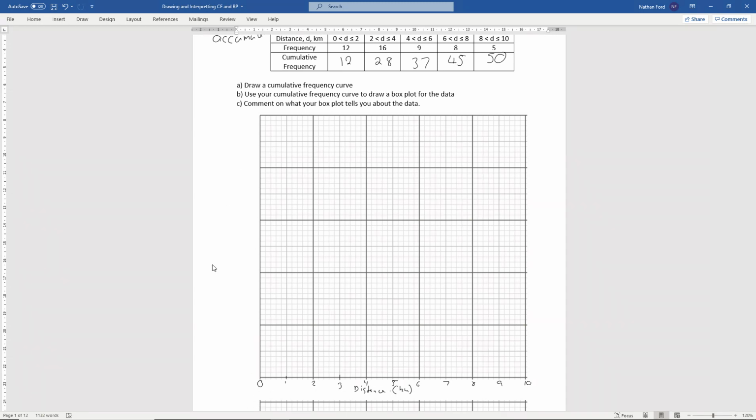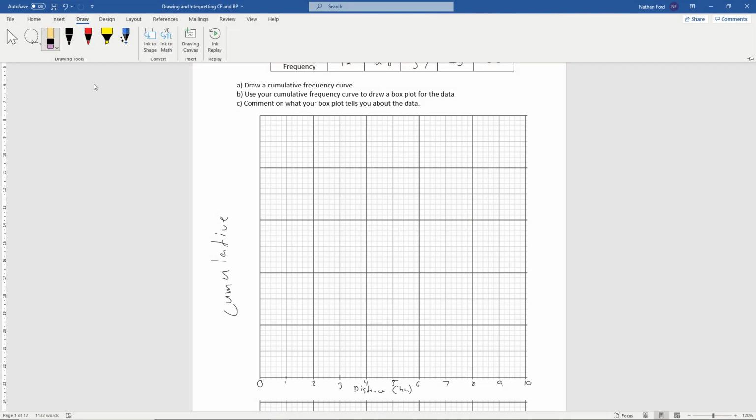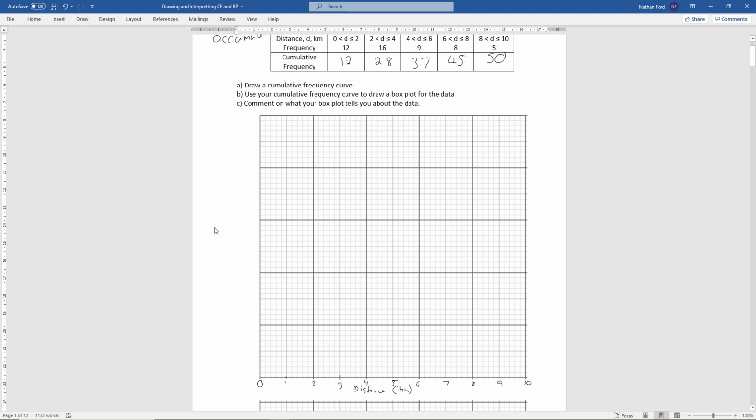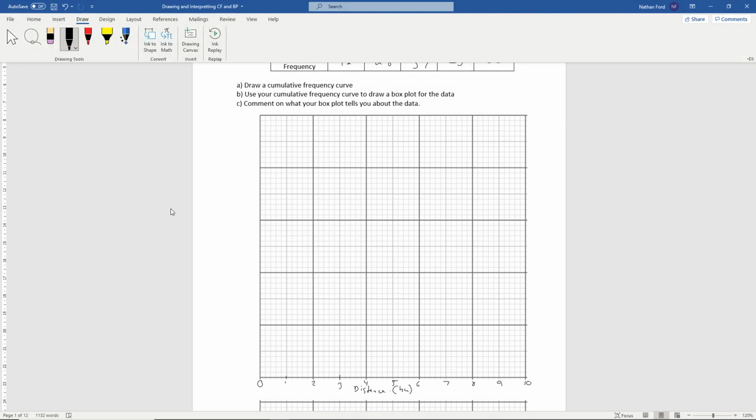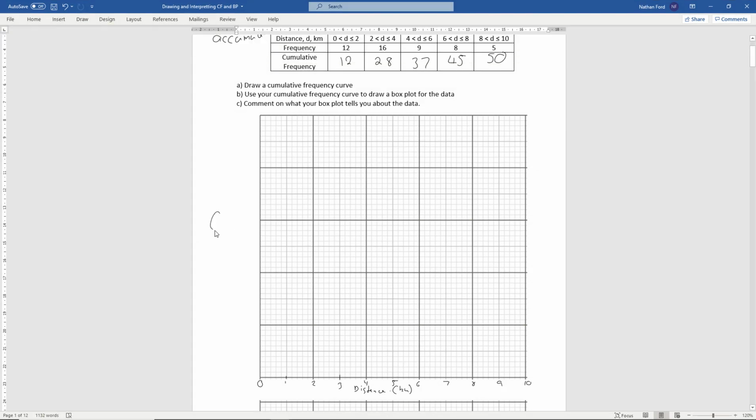Now my y-axis is going to be my cumulative frequency. I can't write sideways on this, so I'm just going to write CF here, cumulative frequency. Now, I need to go up to 50. So let's have a look: 10, 20, 30, 40, and 50.